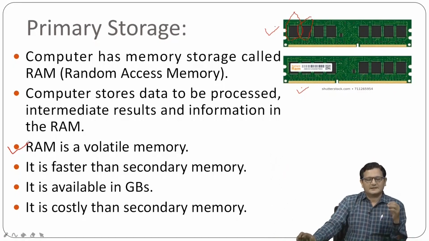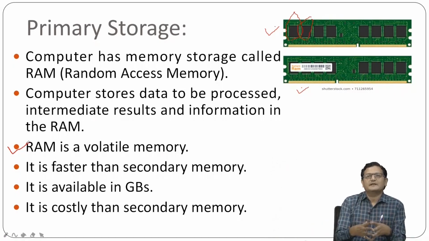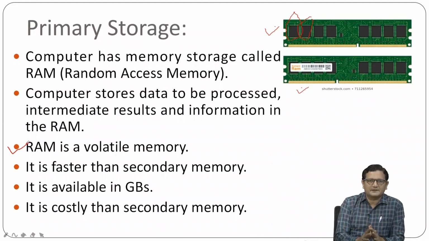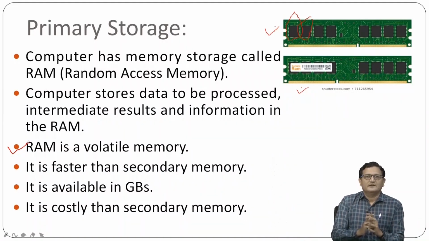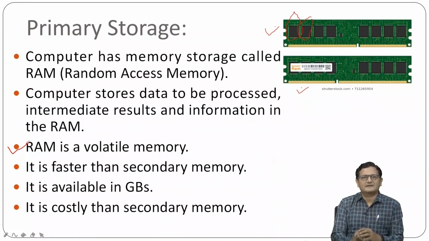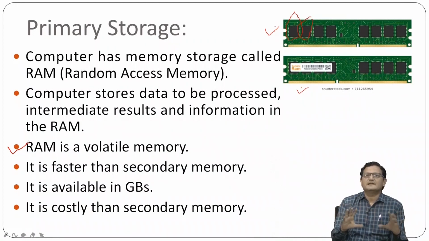Suppose you are giving a power supply to the computer system, whatever data you have, you can put it into the random access memory. But if you switch off the machine, if you shut down the machine, or if you discontinue the power supply, whatever content is there within the RAM, everything will be erased, right? So RAM cannot store the data permanently, right?